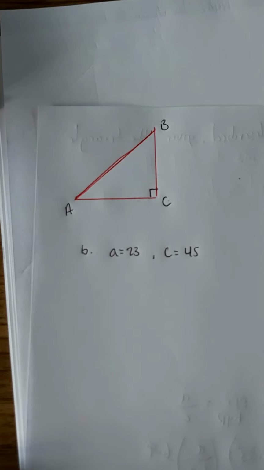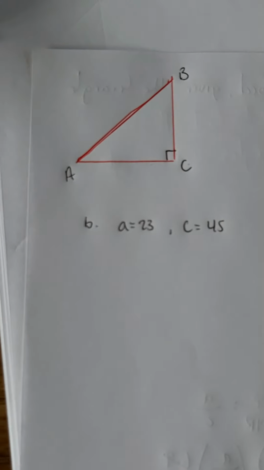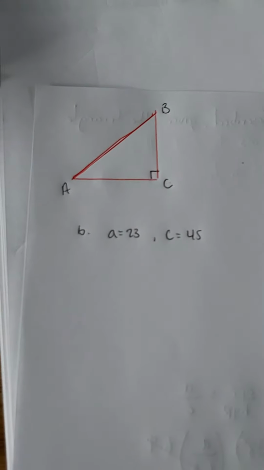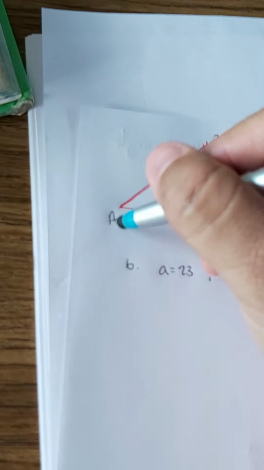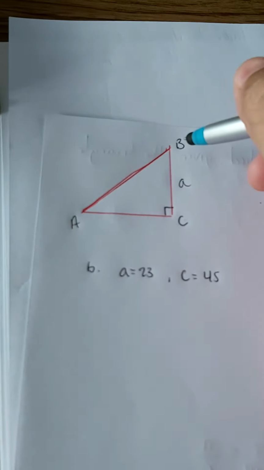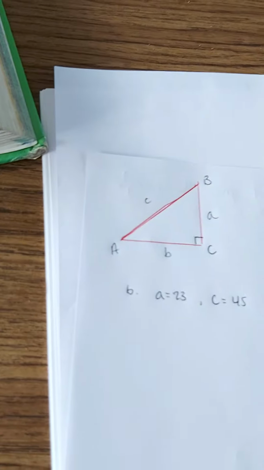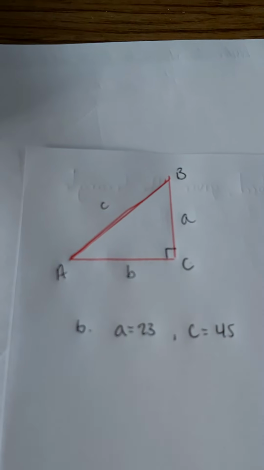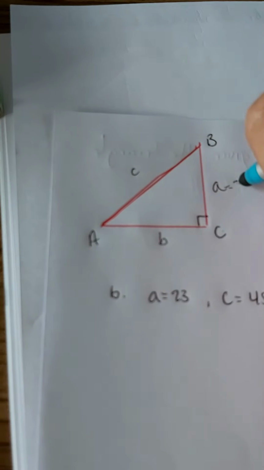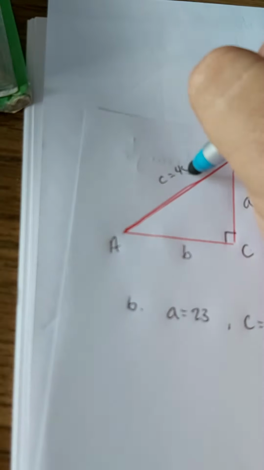Now, part B, we have the same right triangle, triangle ABC, and all the information given is side A. Remember, we call the sides opposite to their angles. If this is angle A, this is side A, angle B, side B, angle C, side C. So we know that side A is 23, side C is 45.